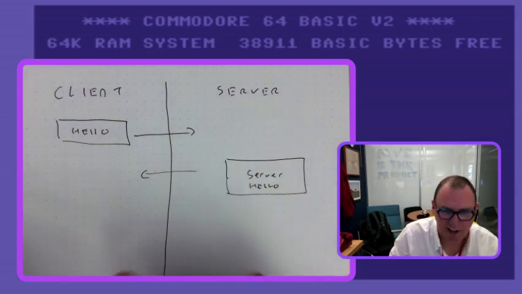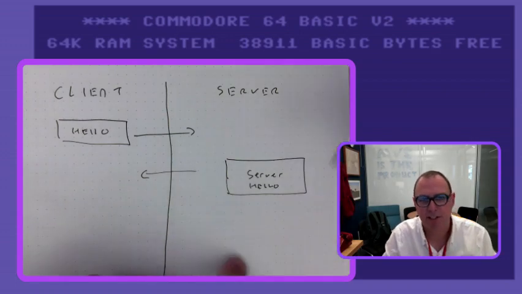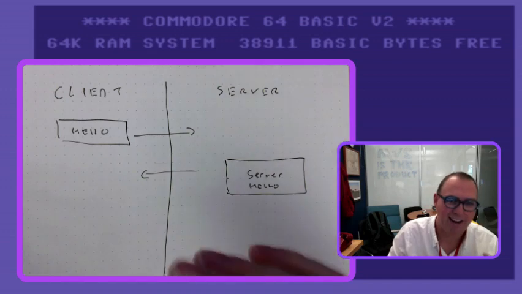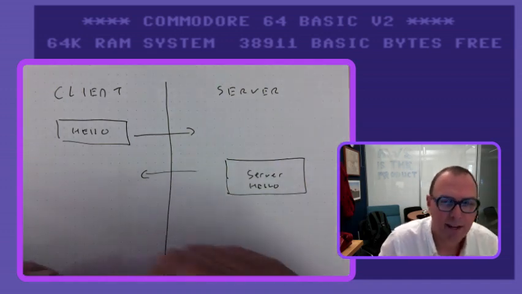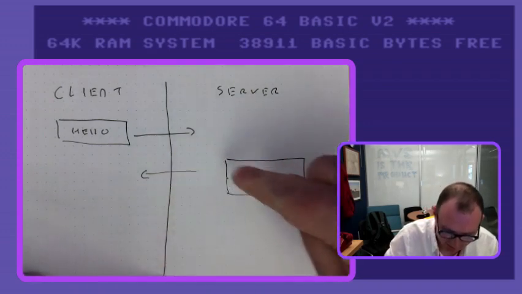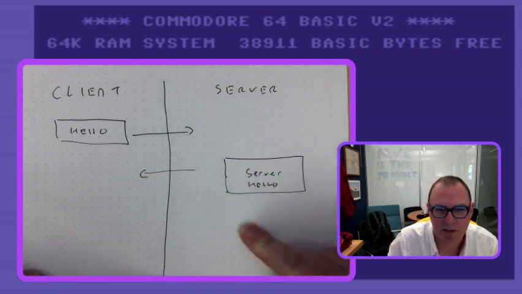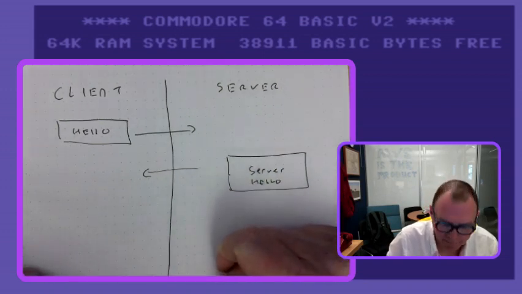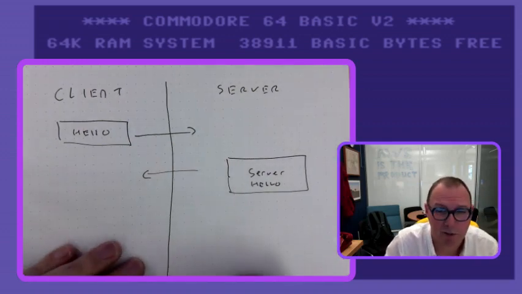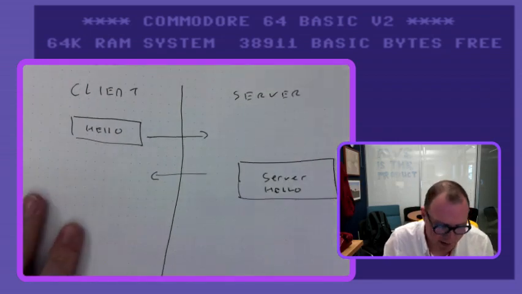Then the client does some stuff and sends back its response, and the server goes, okay, if I was in the server hello state and I get this message from the client, and so on. State machines can get pretty complicated pretty quickly, because you have to track what state you were previously in and whether you're meeting all the preconditions for transitioning to the next state. And in a protocol like this, you might also be interleaving all of this with message parsing, figuring out what's in messages, and it can get pretty messy.